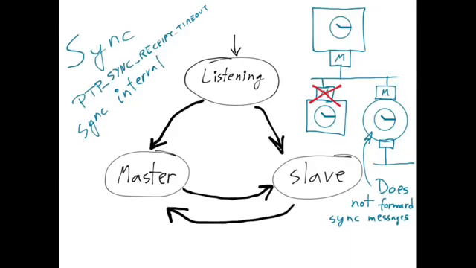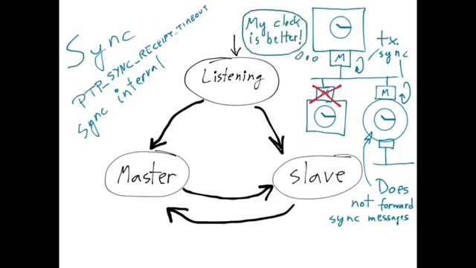So they would both start to transmit sync messages now. These sync messages would convey information about the quality of the respective clock, and thus one port would detect that it belongs to a better clock, while the other port would detect that it belongs to a worse clock.